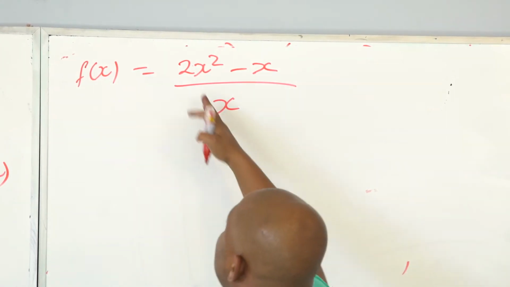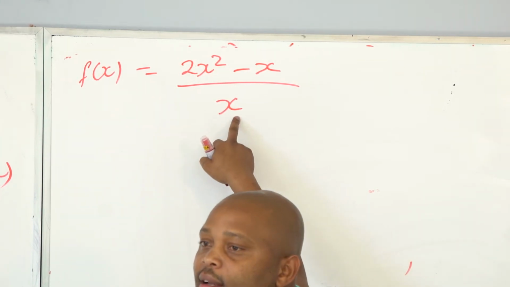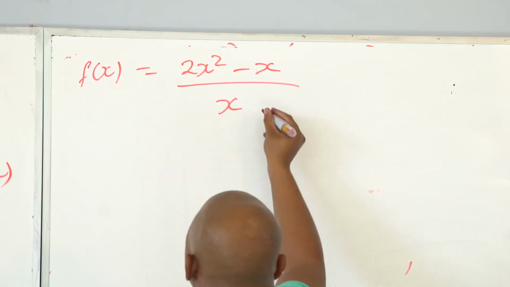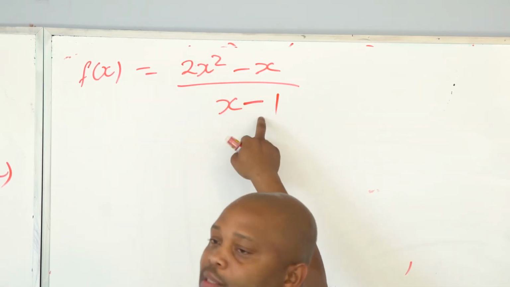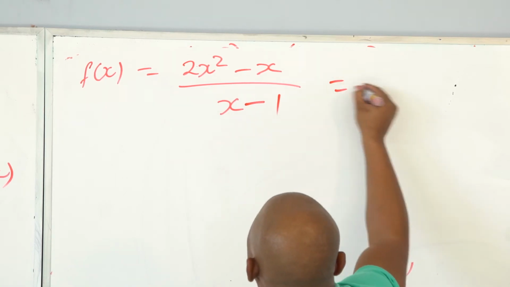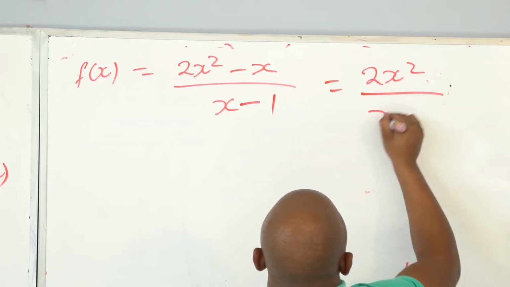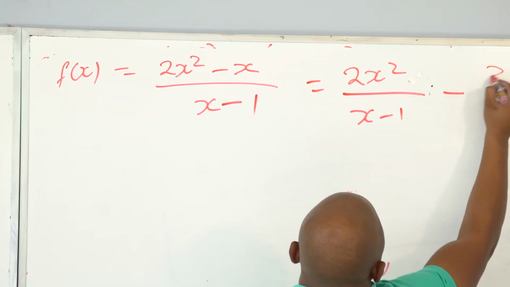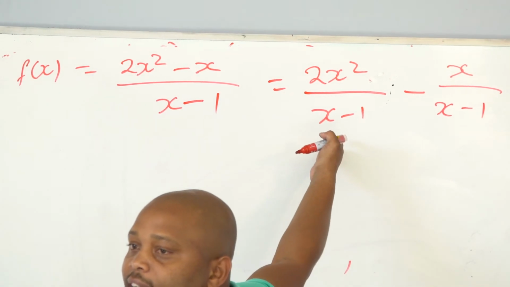In N3, you could have just divided each and every term at the top by this x. But there is another method, in case you get something like x minus 1. Even if you divide each and every term by this x minus 1, you're going to get something like 2x squared over x minus 1 minus x over x minus 1. It's still difficult to differentiate that, right?